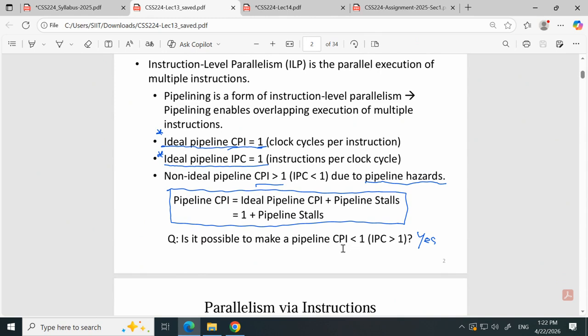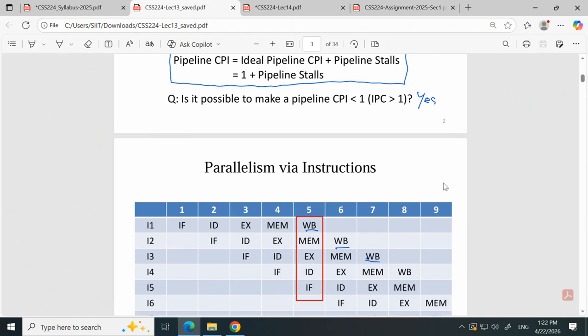We prefer a CPI less than 1, right? Or IPC greater than 1 because it's the inverse. And we have already learned how to get this, right? Superscalar, multi-issue, VLIW, super pipeline.